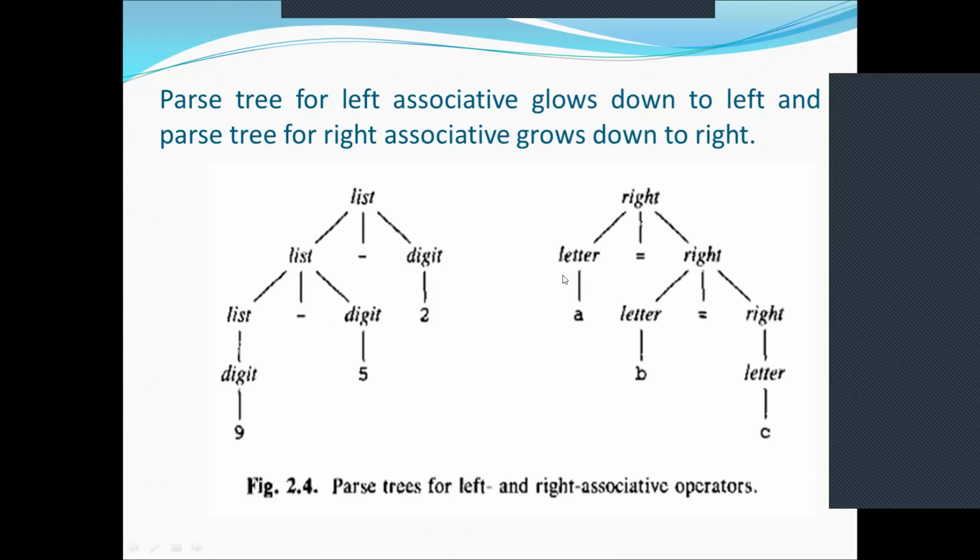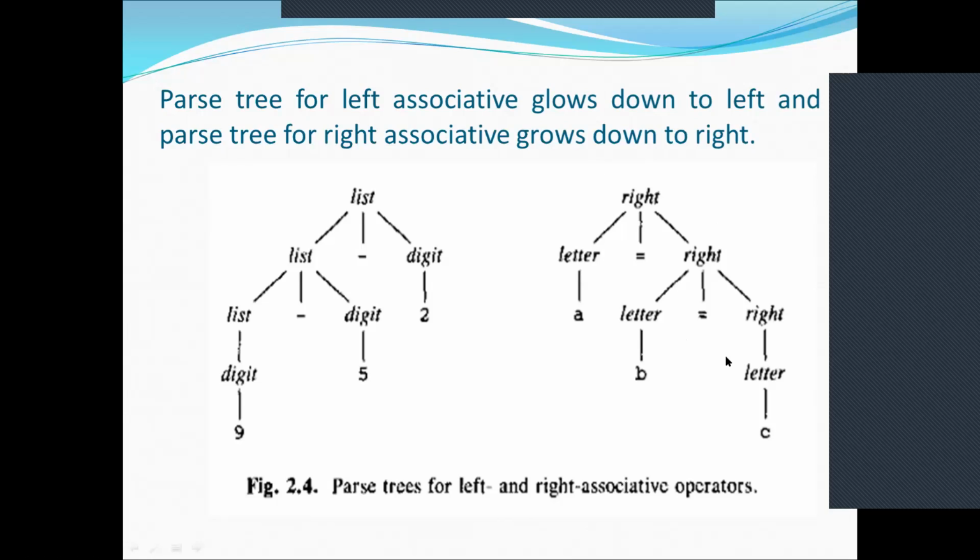Similarly, when the equal to symbol or the exponential values are there, they become right associative. And if it is right associative, then the tree goes down to the right. So A is equal to B is equal to C is the right associative expression. This is the difference between left associative and right associative.